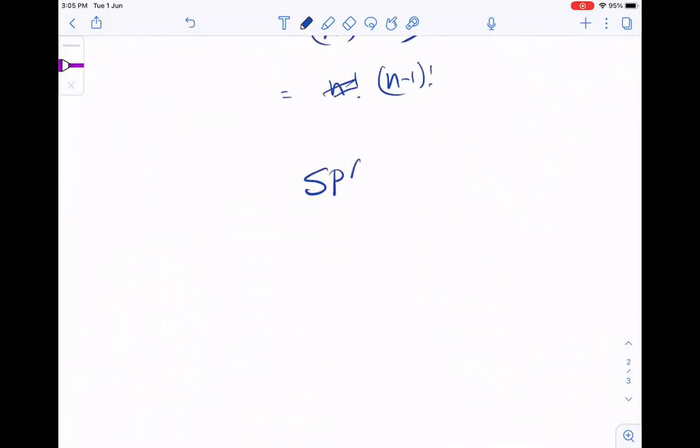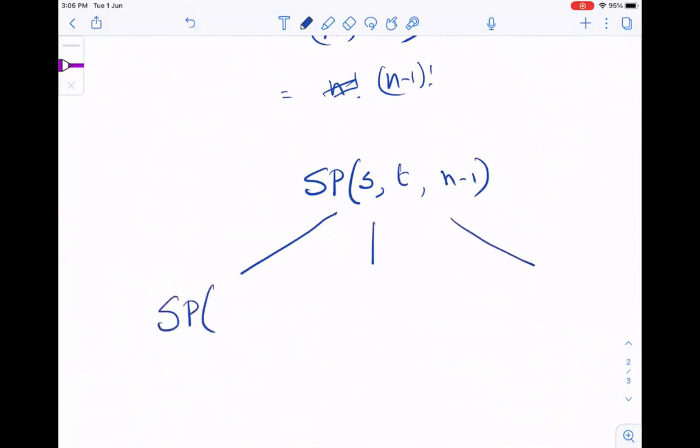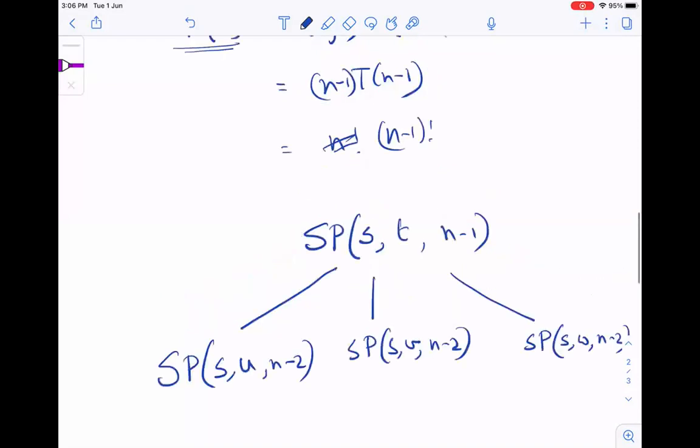So I am writing it as SP, say SU, say n minus 1, right? Sorry, it's not correct. SP. Then I am calling from here 3 things: SP SU n minus 2, SP SV n minus 2, and SP SW n minus 2, right?